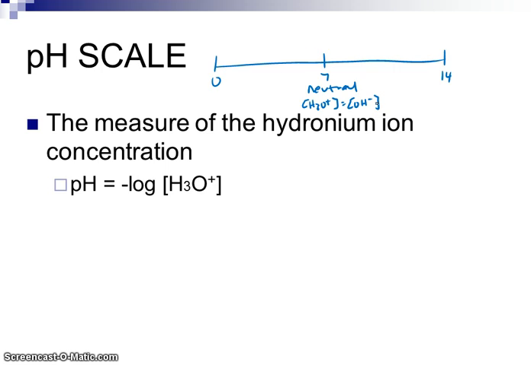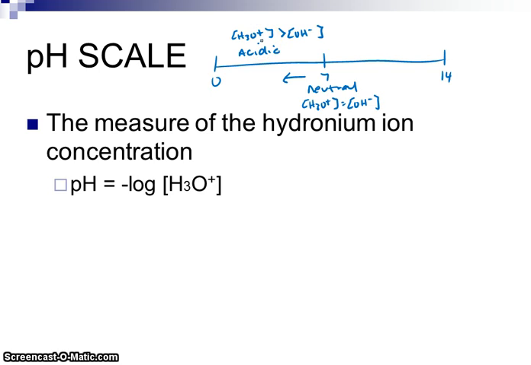Now, since it's a log function, as our pH gets less than 7, our hydronium ion concentration becomes greater than our hydroxide ion concentration, and the solution becomes acidic.